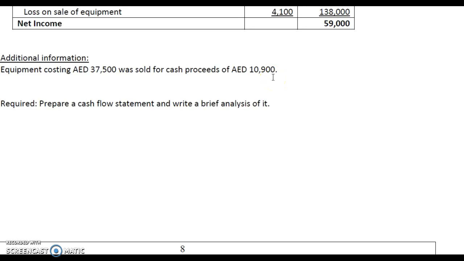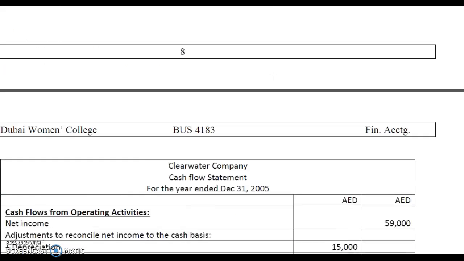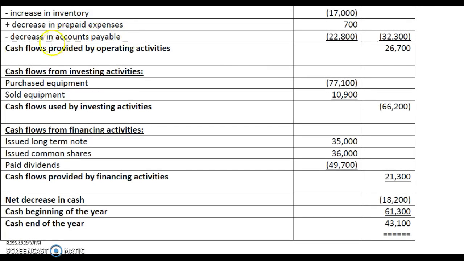So sale of equipment has already been given to you. Sale of equipment is worth 10,900. Any sale of fixed assets increases the cash flow. So this will be added under the heading cash from investing activities. As you can see here, sold equipment 10,900.